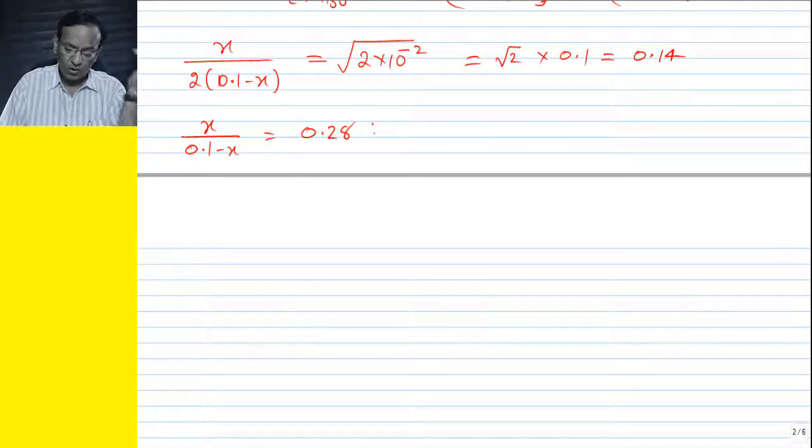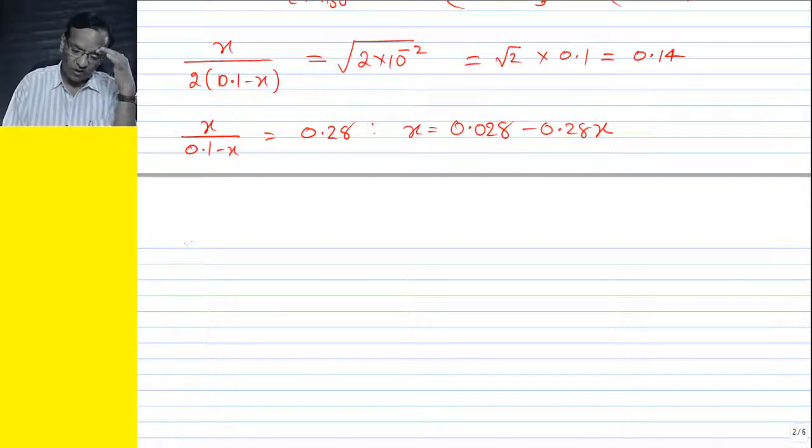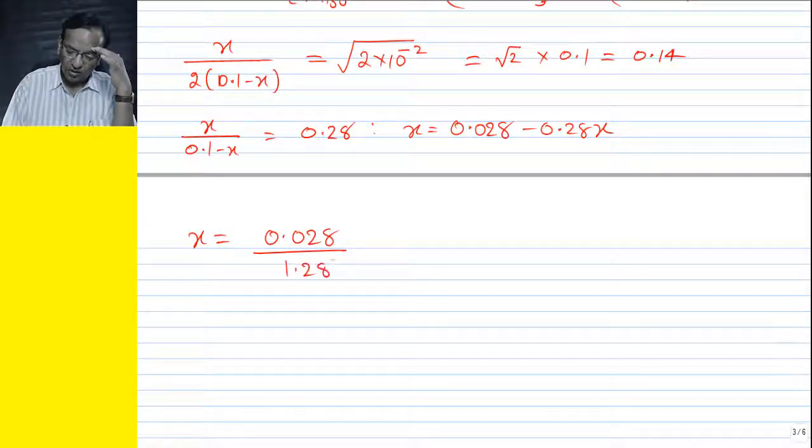So x will be equal to 0.028 minus 0.28x. So x will be equal to 0.028 divided by 1.28.